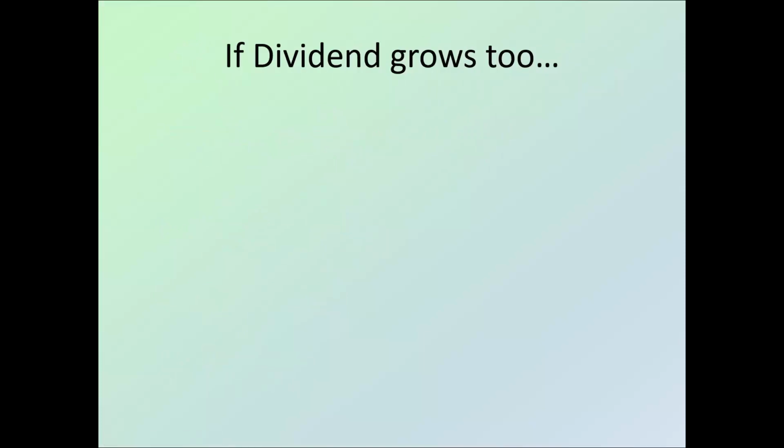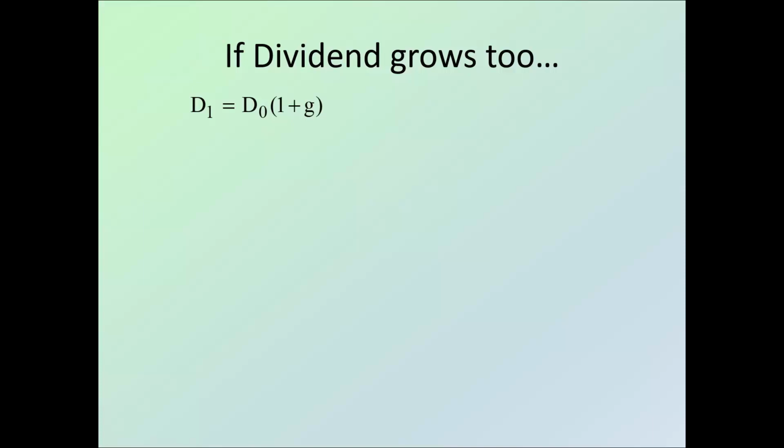Okay. What if dividend were to grow? So let's assume today's dividend is D0. And then after 1 year, the dividend would be today's dividend times 1 plus g, where g is the growth rate of dividend. So what would D2 be?